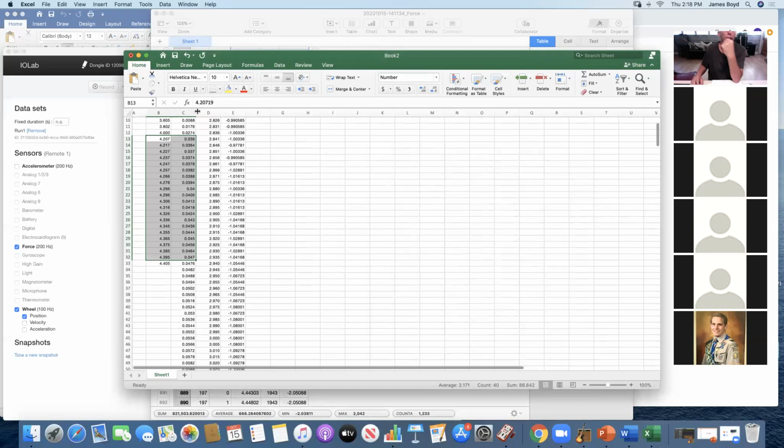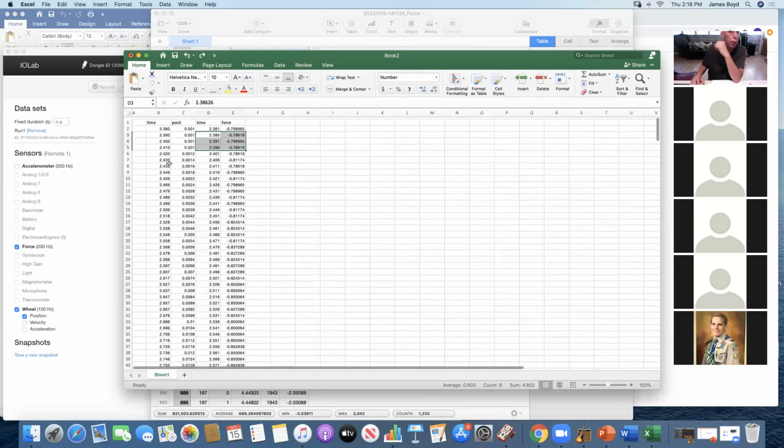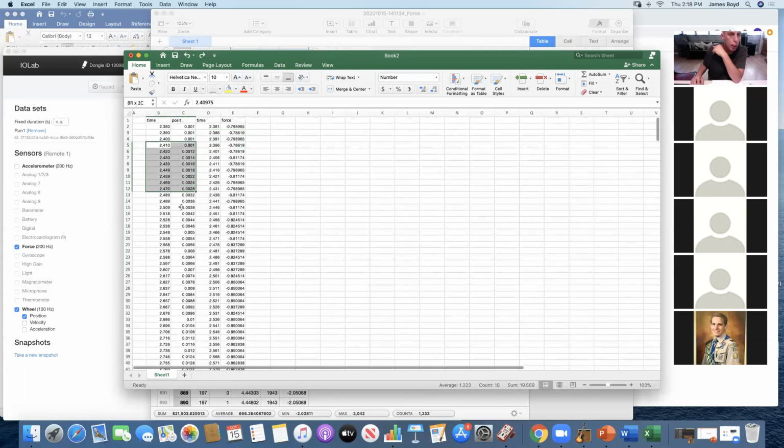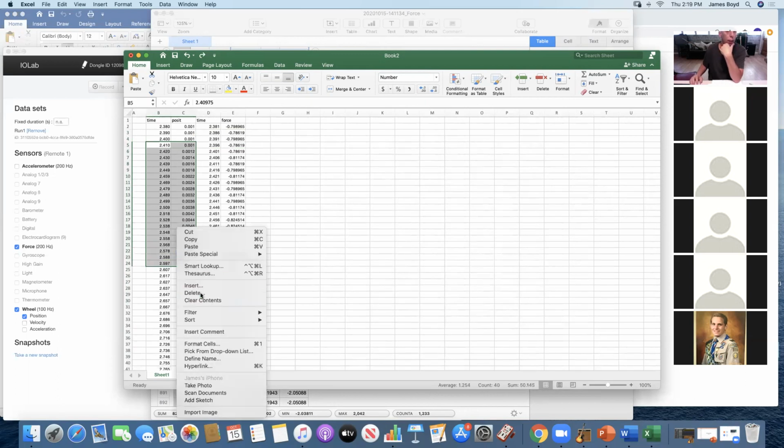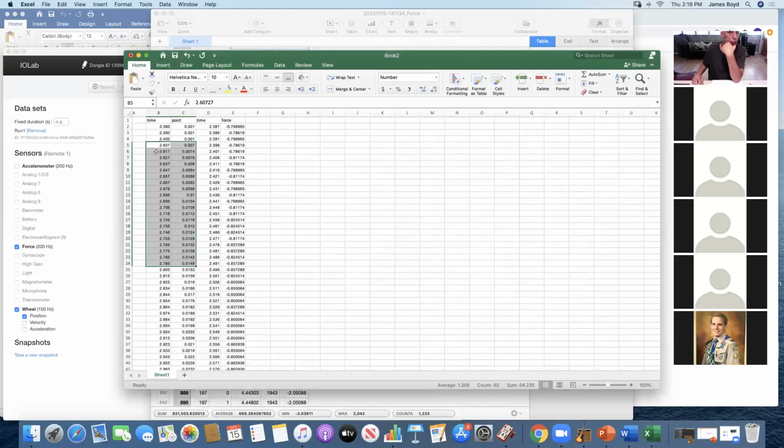Oh, that's why, because I'm dumb. Sorry, I was being really stupid. Someone stop me when I'm being dumb. I forgot to get both columns. Okay. Make sure you get both columns. That's important.